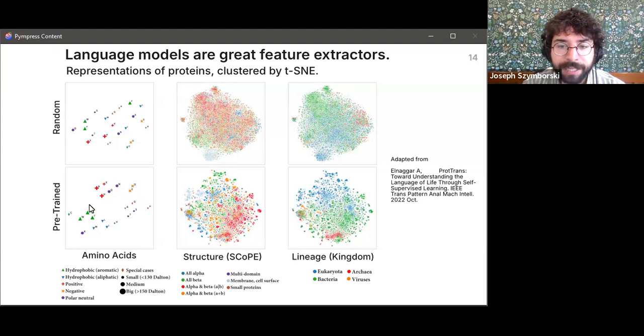But if you send them to an SVM or something like that, overall they tend to do quite poorly. I think there's a lot of room in this space for tokenization. If folks have an idea of how to use these handcrafted features to help create some initial tokens. But what we're finding is that these models learn these things by themselves. That's why we see them clustered here: the hydrophobic ones cluster with the hydrophobic ones and vice versa.